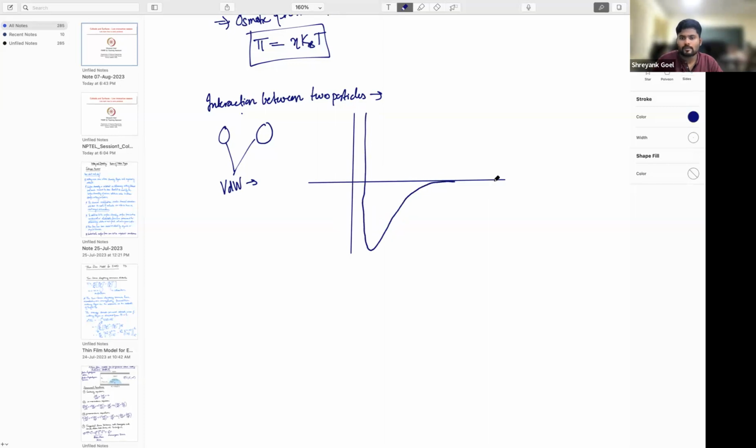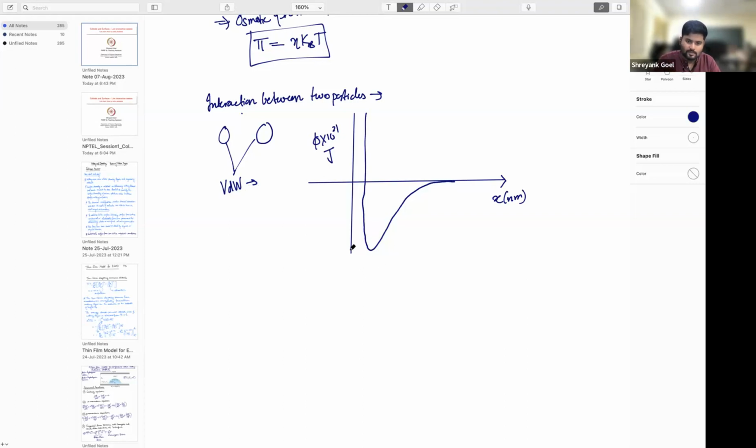Okay, so this is the distance between the two particles, that is x nanometer, and this is phi into 10 to the 21 joule. So this is the energy when two particles interact, the interaction energy of the particles.